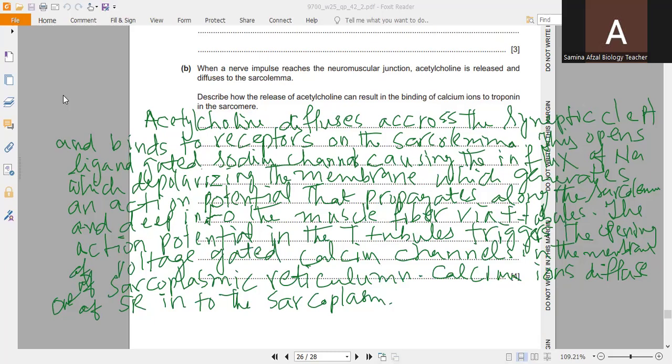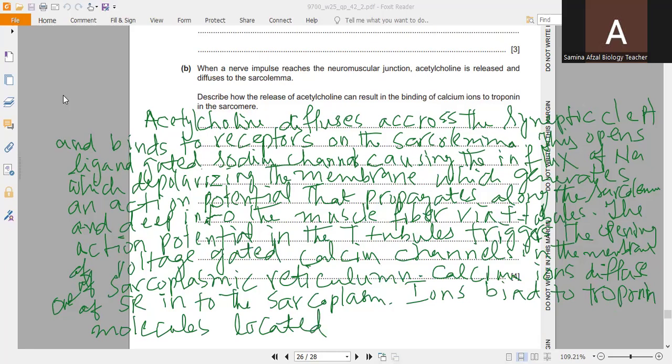Now, ions bind to troponin molecules located on the actin filament.